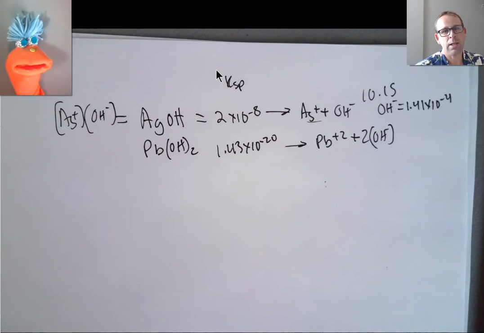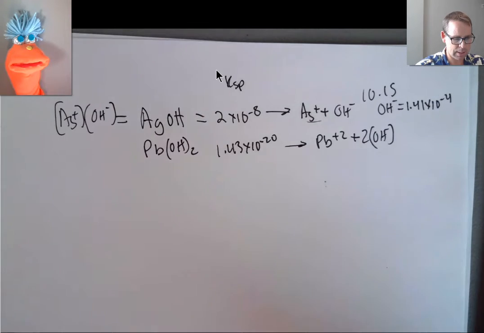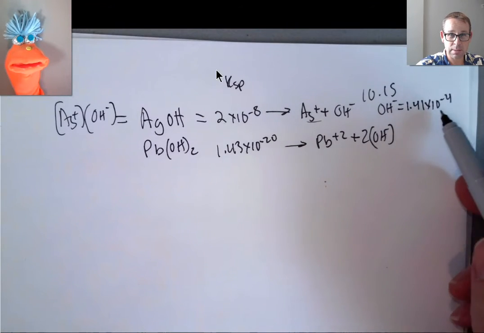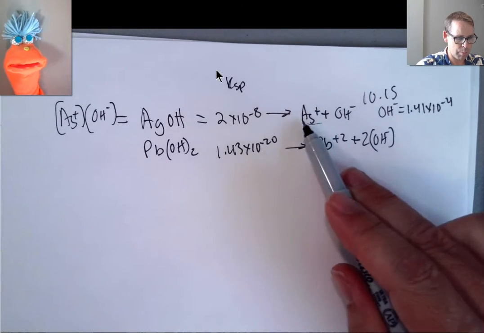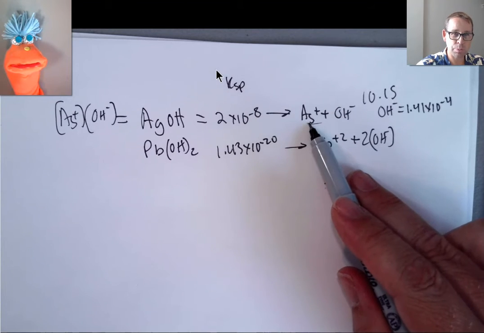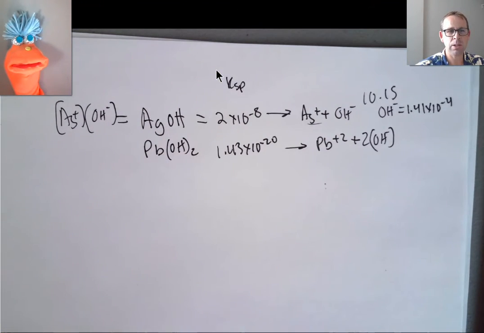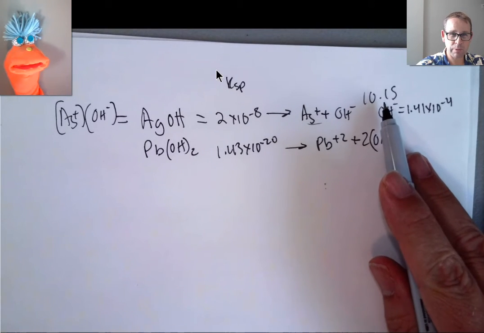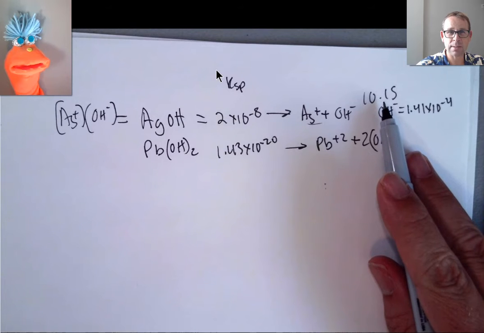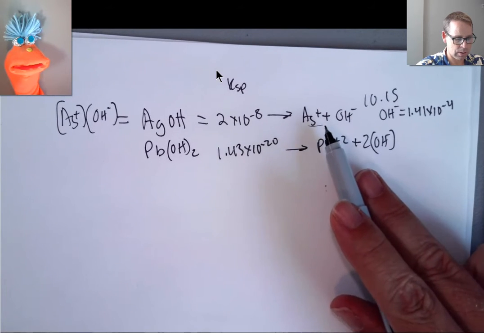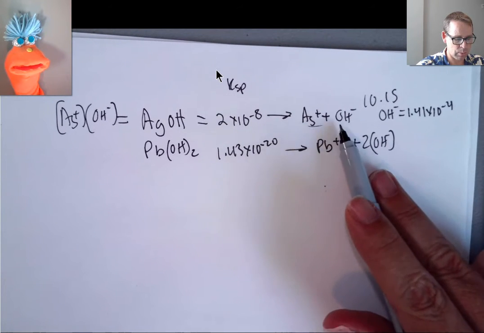Now, if the concentration of the hydroxide ion is less than this, there won't be enough hydroxide ion to precipitate out silver, and so the silver ion will be soluble in solution. Okay, so at 10.15 or any pH that is lower, the silver hydroxide will not form.